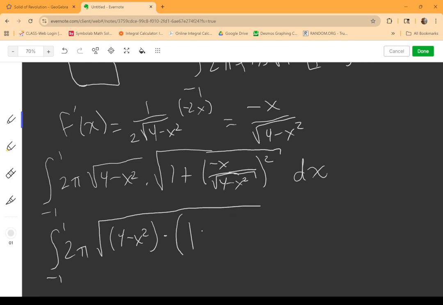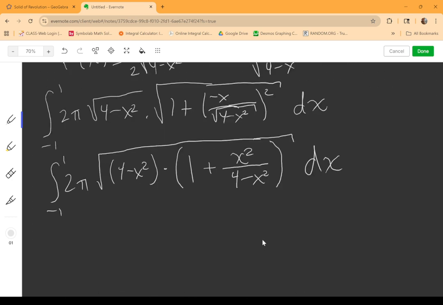When I square this, -x squared is just x squared, and then down here, the root squared leaves me just with 4 minus x squared. Be very careful in how you do this. Now I'm going to distribute here. Remember, this 4 minus x squared is one term, so I'm going to distribute in here.